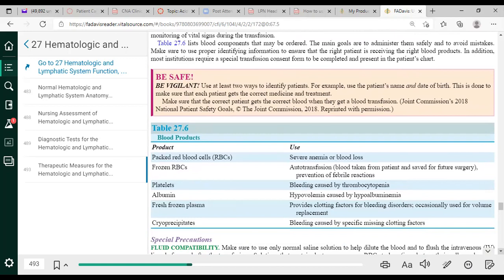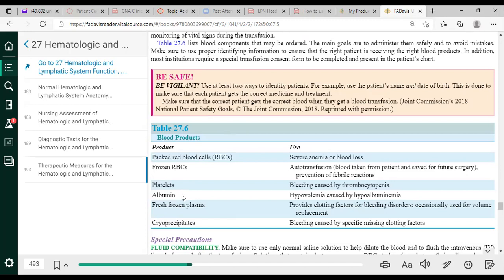Most people think of only the red blood cells, but platelets can be transfused if your platelet level is too low. Albumin can be transfused. For some reason, we kind of skip this word, but albumin actually is a protein that works to pull fluids into the intravascular space.